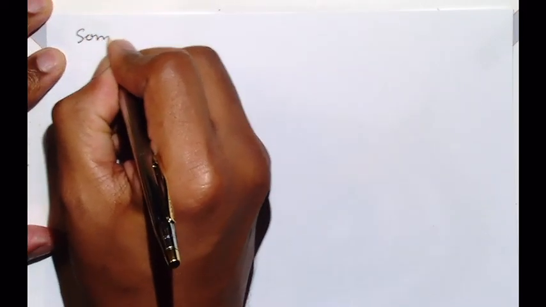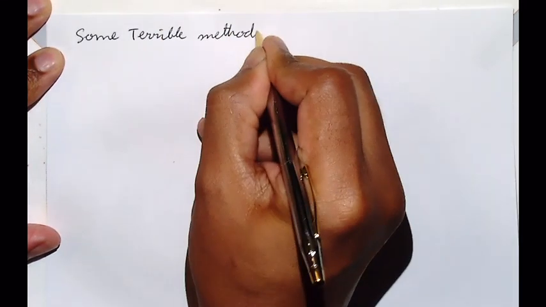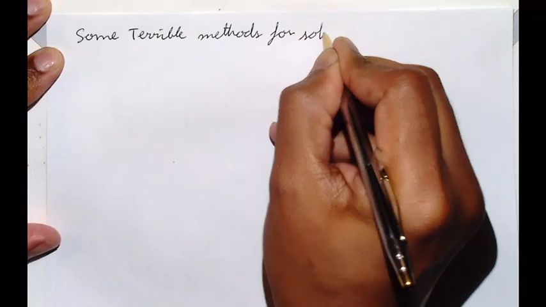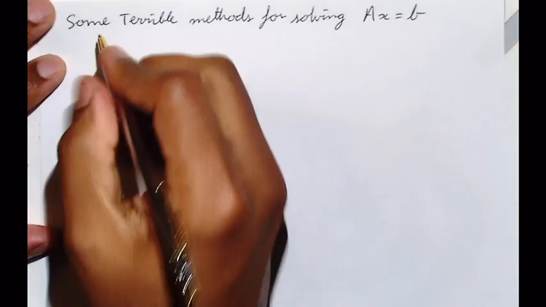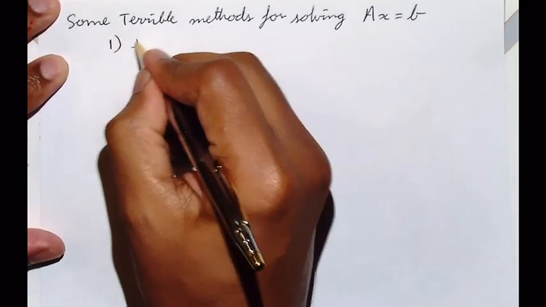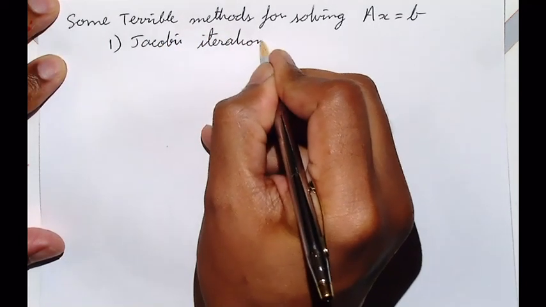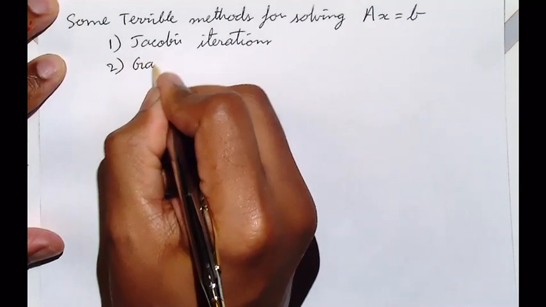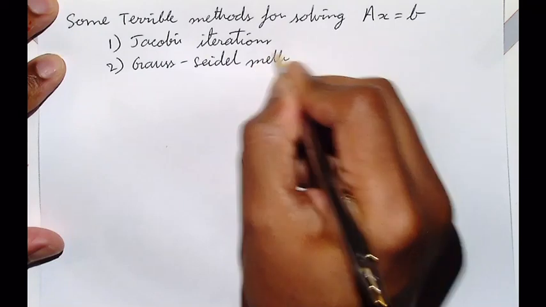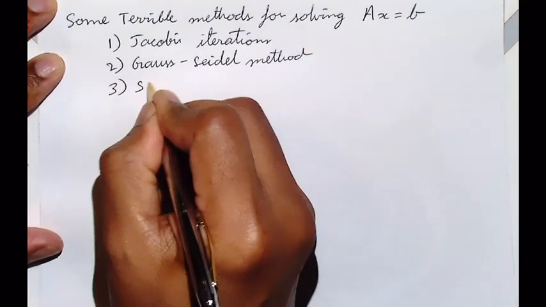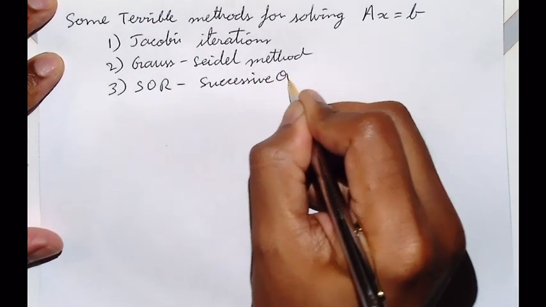So some terrible methods for solving AX equals B, alright? Okay, so: Jacobi iterations, Gauss-Seidel, SOR, which is successive over relaxation.